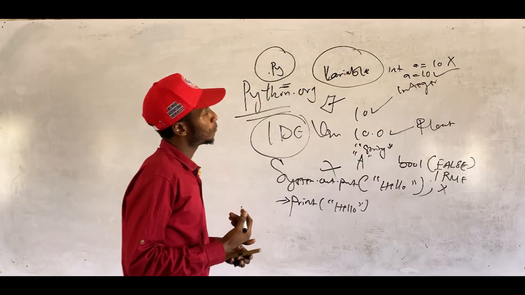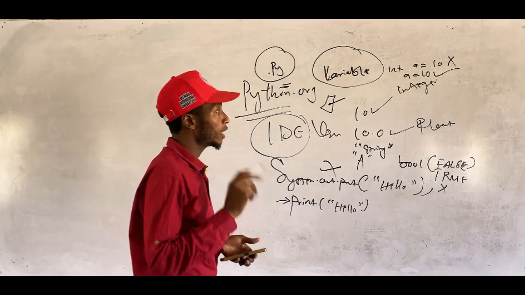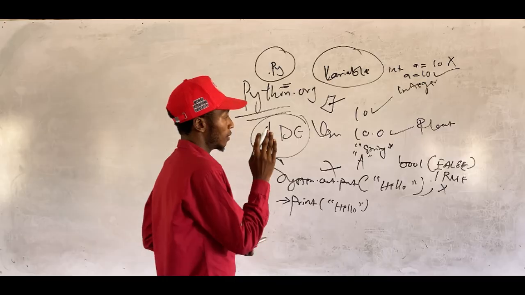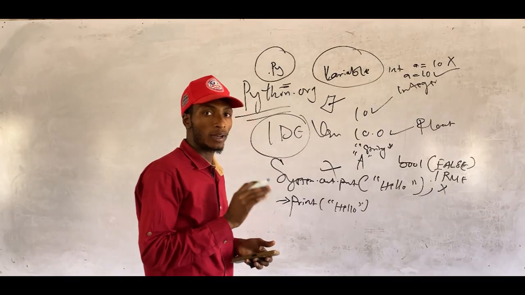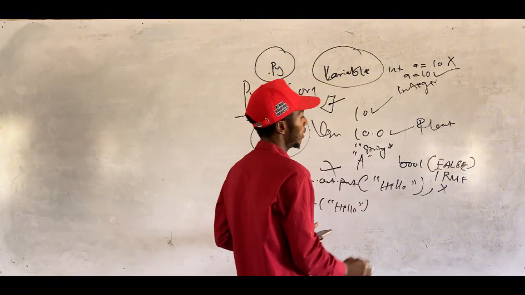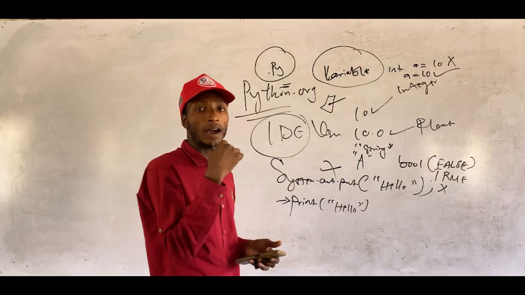First, before this, there is what we call a keyword. Keywords are reserved words in a programming language. They are reserved words like float, integer, bool, character.